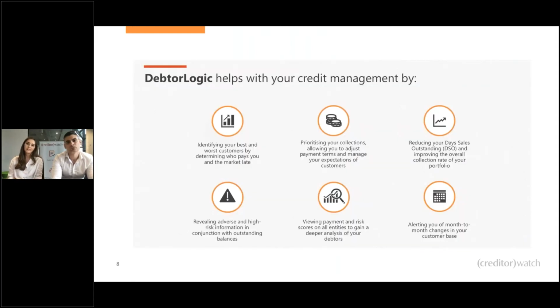By using a system like DebtorLogic and taking a more proactive approach to your collection processes, really quickly and easily you can determine which customers are paying you late but everyone else on time, which debtors have adverse risk, cash flow issues, or ones to be wary of for multiple reasons, and also how to prioritize these collections based on the data insights, the market insights that are available within DebtorLogic.